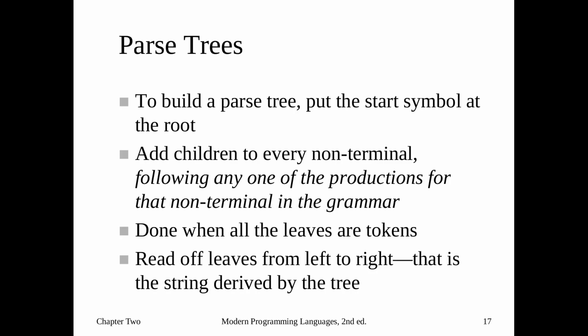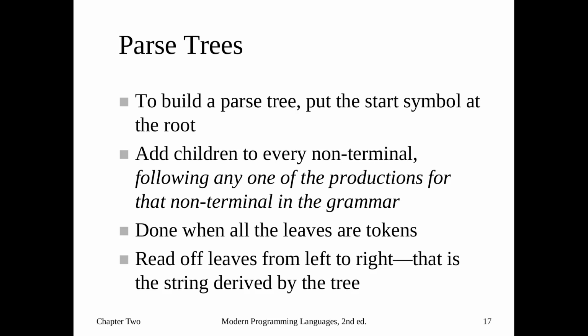So, parse trees, right? When we're building those up, we always start with a start symbol at the root. And then we just work the productions until we get down to the bottom of the tree. When we have some line that we're trying to parse, we know what the bottom of the tree is. So we work the productions till we get to those token symbols.